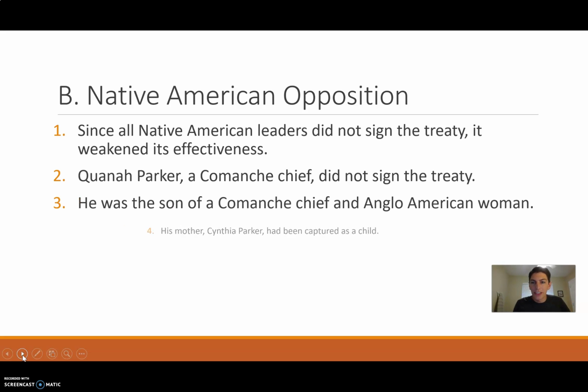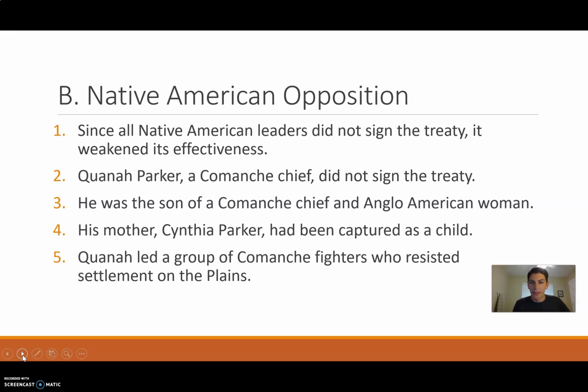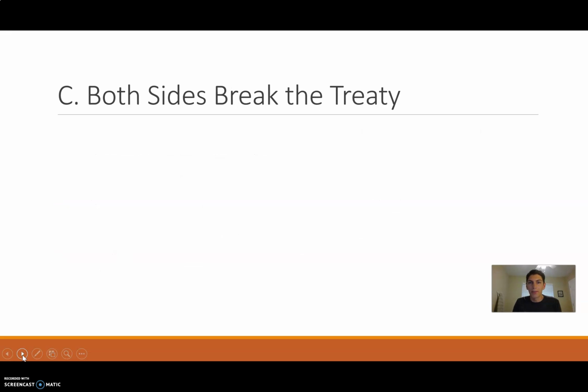So he was the son of a Comanche chief and Anglo-American woman. And like I said, his mother, Cynthia Parker, had been captured as a child. Now, Quanah led a group of Comanche fighters who resisted American settlement on the plains. And he's going to come up later. He's going to be a formidable force against United States Army forces.